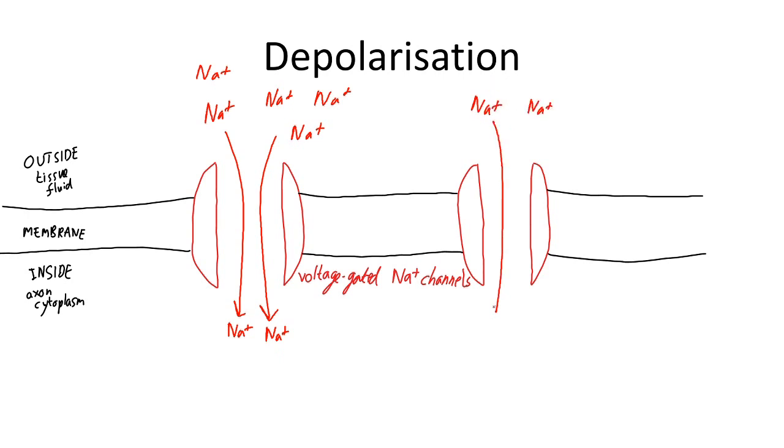Now that threshold that it needs to reach is when it gets to about -50 millivolts. Once we've got beyond that, more and more sodium channels open, and we get that massive influx of sodium ions, and we get the increase in the membrane potential up to about +40 millivolts. So this is the depolarization stage of the action potential.